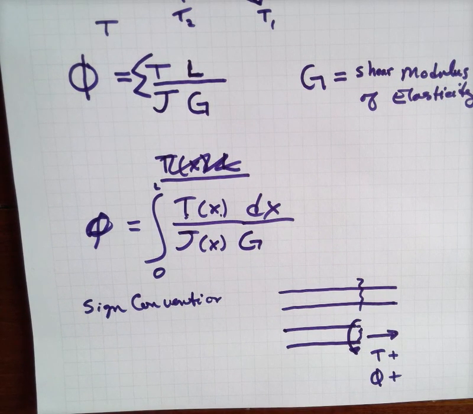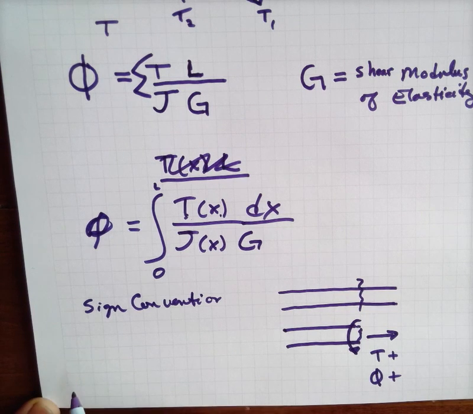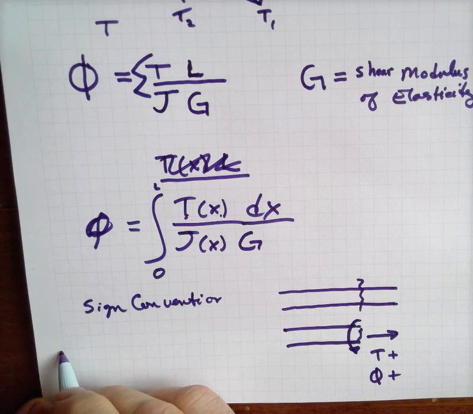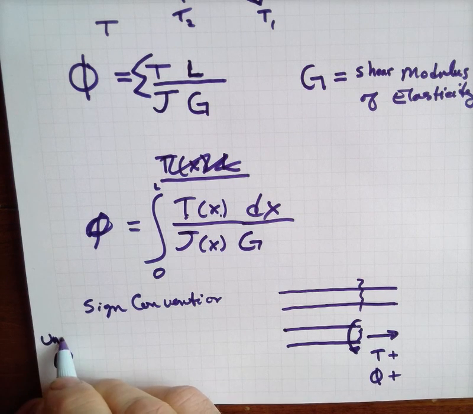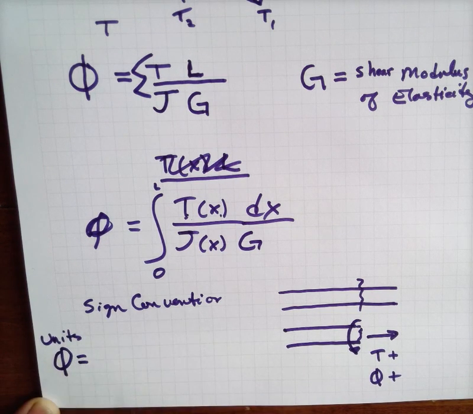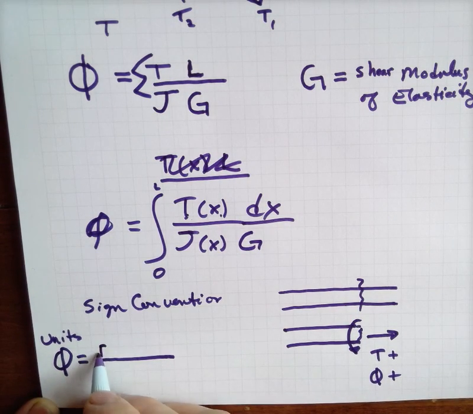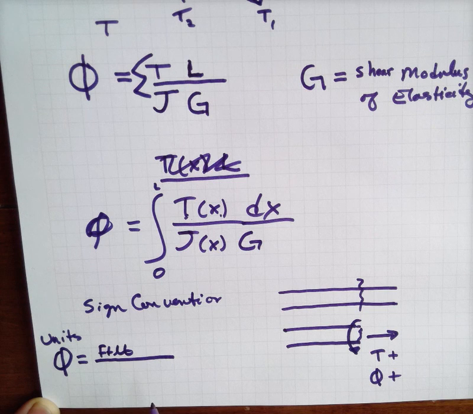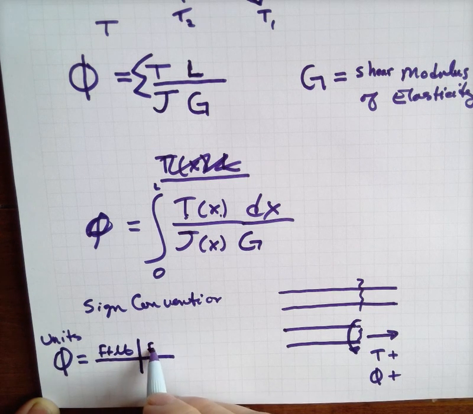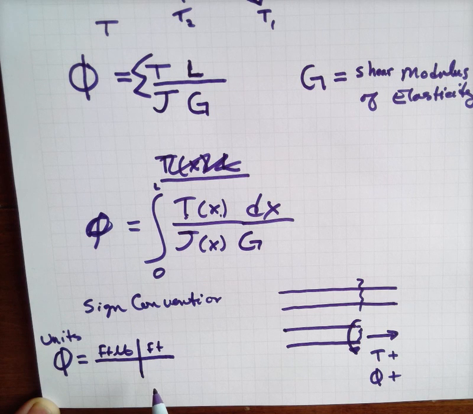All right, well, that's really it for angle of twist. Well, no, let's do one more thing as long as we're here. Let's take a look at the units using the world-famous checkmark method. Let's use some English units. Torque will be in foot-pounds. Length will be in feet. Polar moment of inertia would be in inches to the fourth or feet to the fourth.